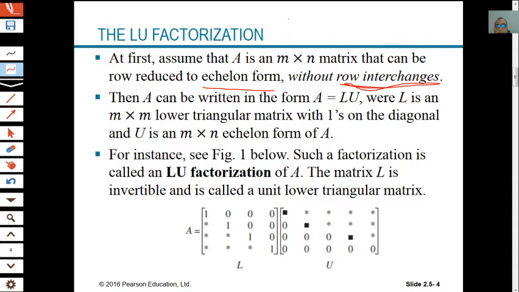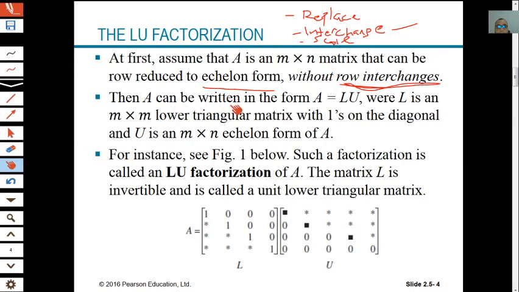You know we have three operations: replacement, interchange, and scaling. We don't use the second one to find the echelon form, and we assume this fact for the matrix A, which is m by n.